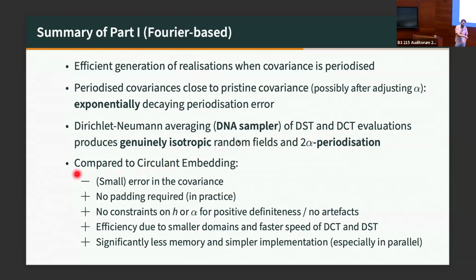The modification does create a small error, which we can prove is exponentially small for Matern, for example. It does not require padding in practice. There are no constraints on what H and alpha need to be. It doesn't create artifacts. And there is certainly memory efficiency due to the simpler DCT and DSTs. And at least these 8 or 4 fields can be done fully in parallel, so it helps a bit with parallelization as well. So that's the first part.